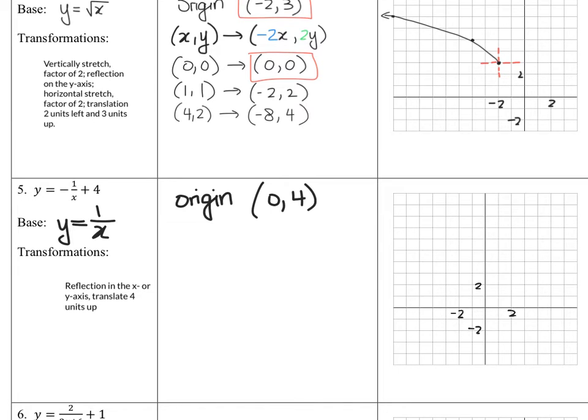So right over here. And then right over here. So you already have your two asymptotes down right now. This is x equals 0, and this is y equals 4.